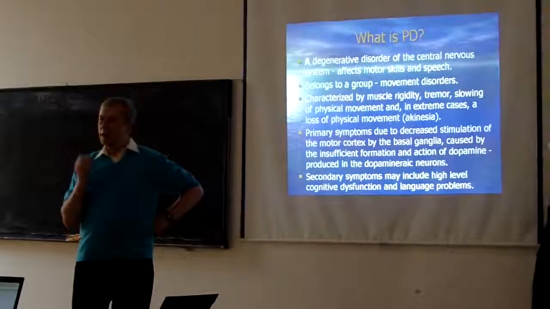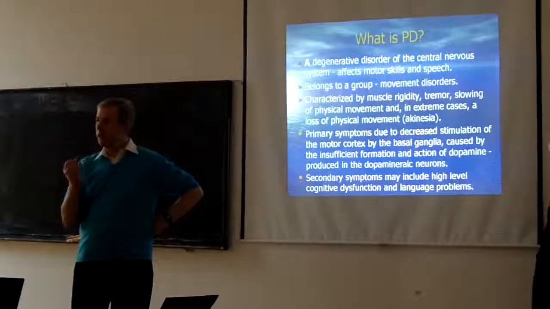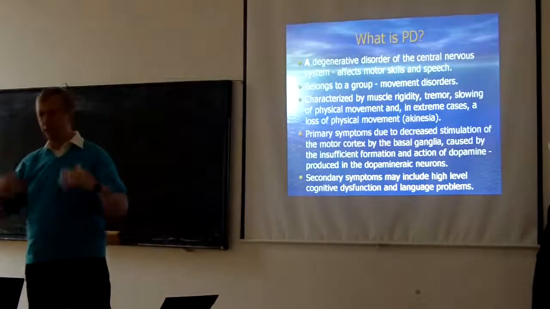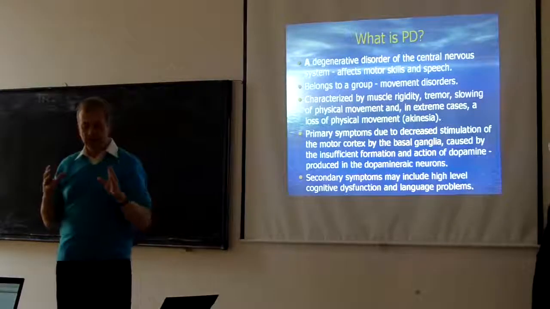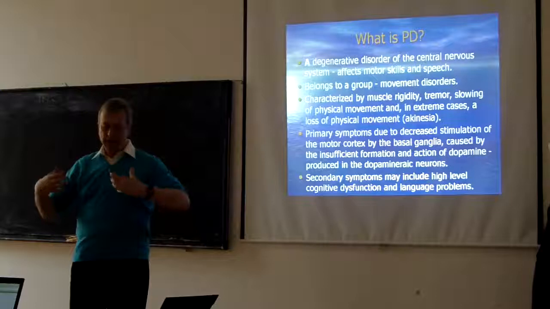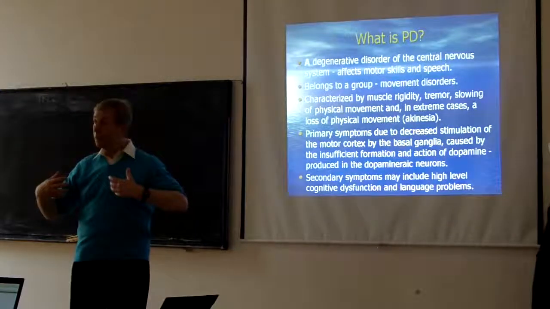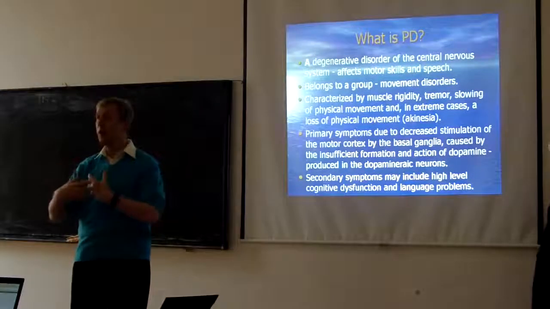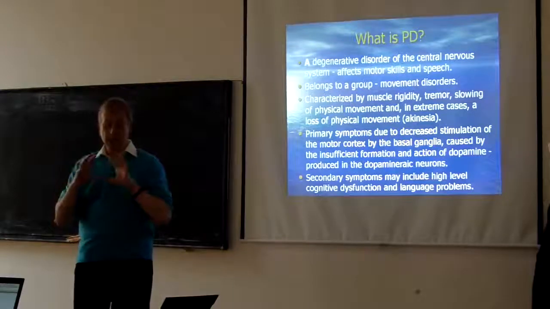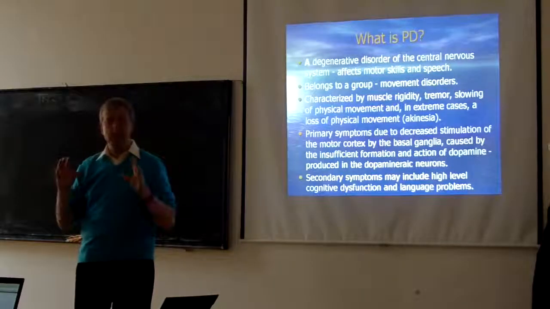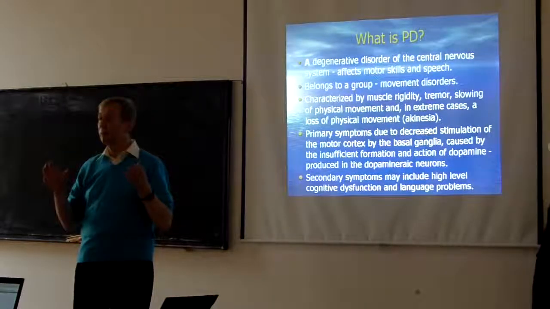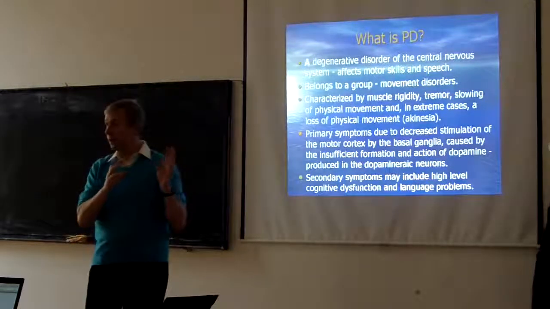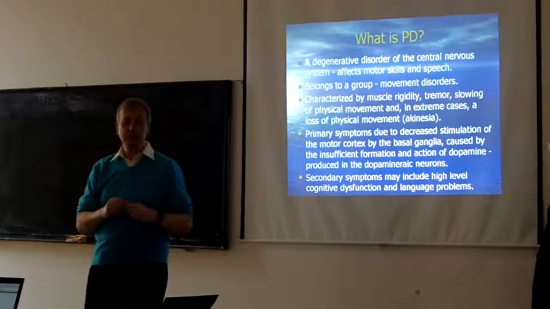You can have a look at it as homework from this course, this whole akinesia, where in the extreme cases there can be complete loss of movement. The film Awakenings with Robert De Niro and Robin Williams is a very good example of that. It's a really good film.